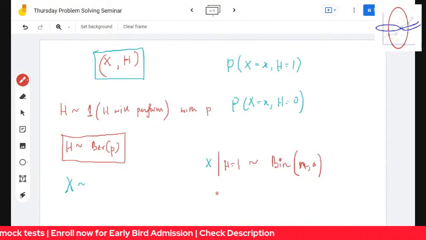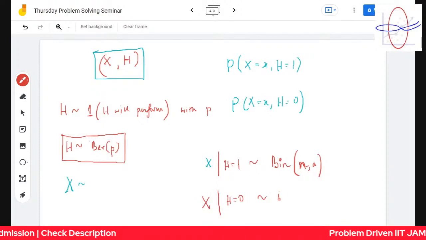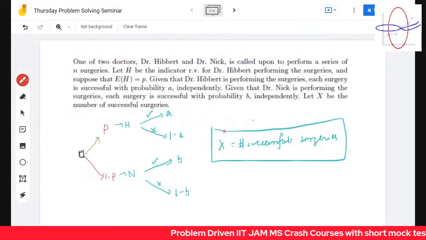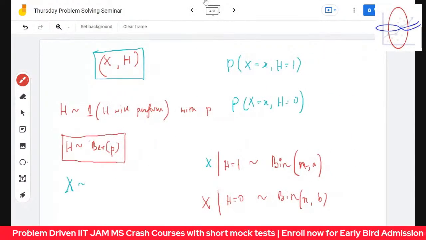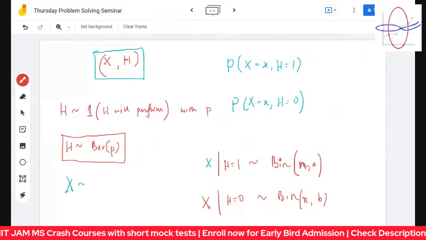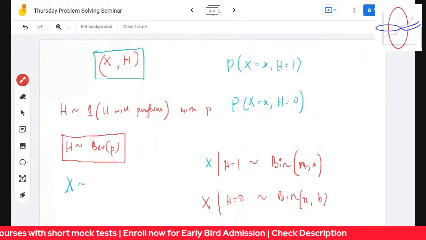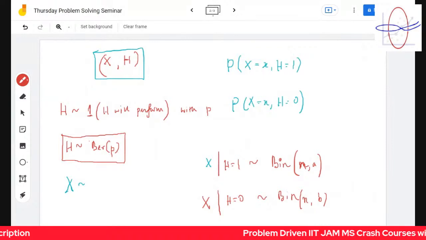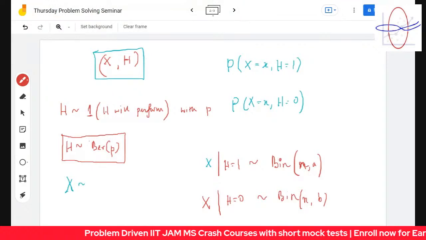And given that H is not 1, Dr. Nick is doing it, X follows binomial n comma B, right? That's given over here. It's very simple. Right, guys? All of you understood this? Any doubts?